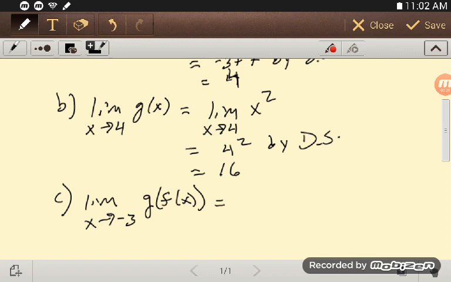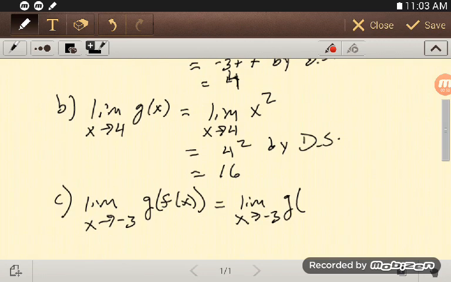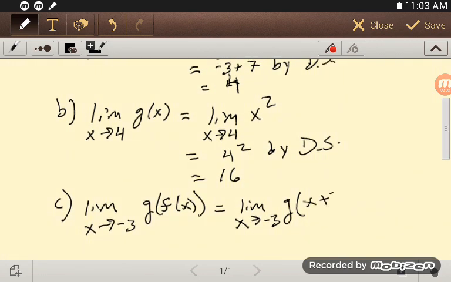Okay, well then that is, by our composition, we need the limit as x goes to -3 of g, what was f of x? x plus 7.